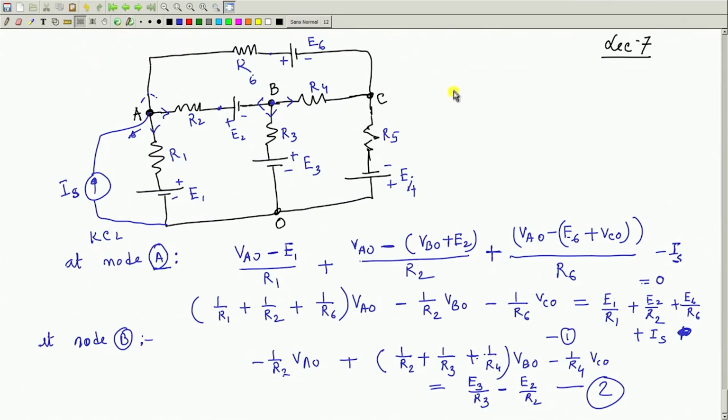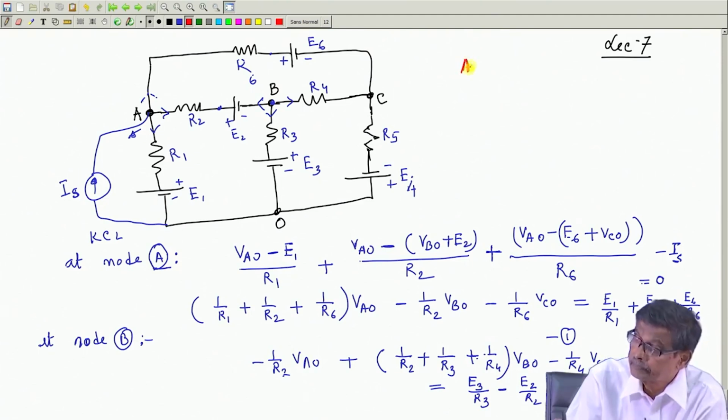Now, the third, at node C, what will be the equation? Let us write. KCL at node C.